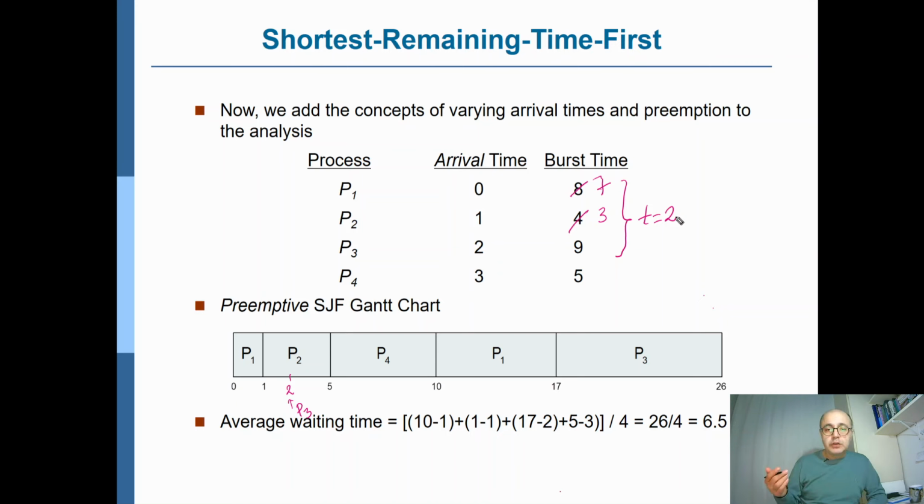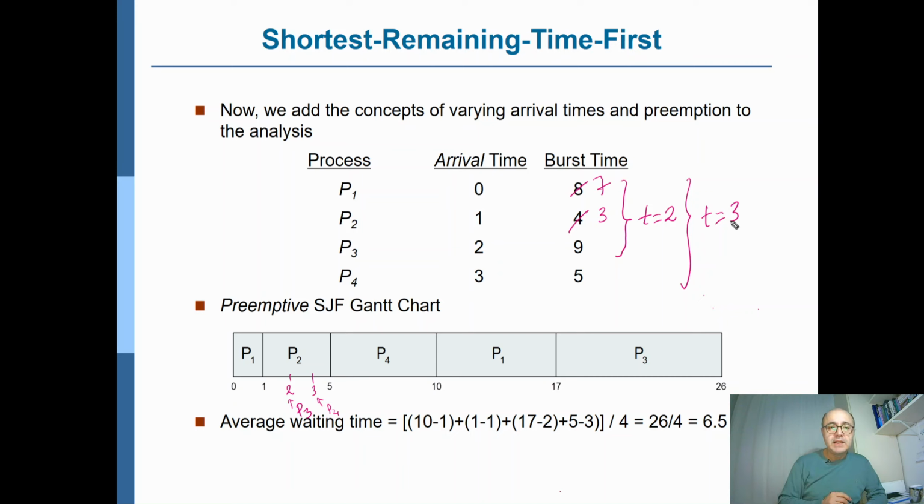So it continues. At t equals 3, P4 also arrives. So as of t equals 3, what I have in the system is P1, P2, P3, and P4.